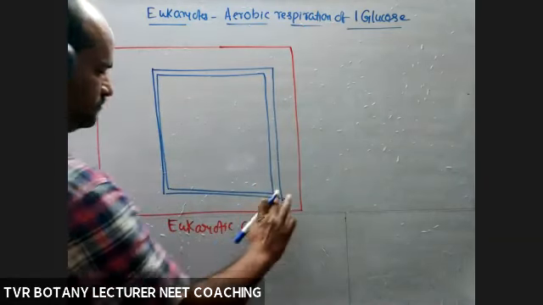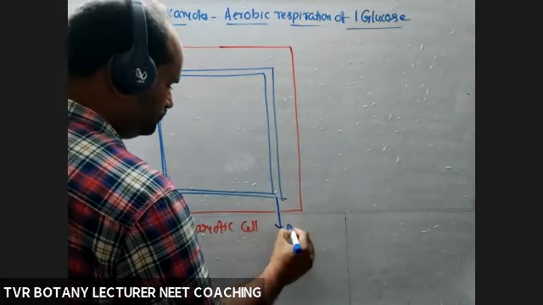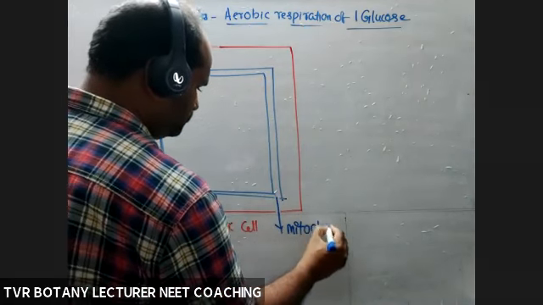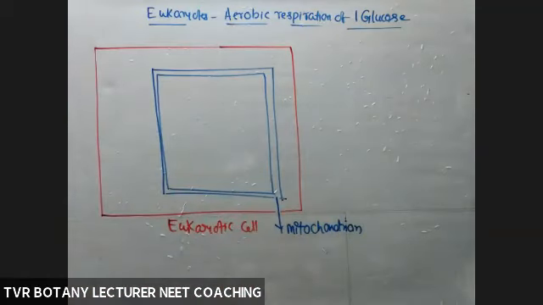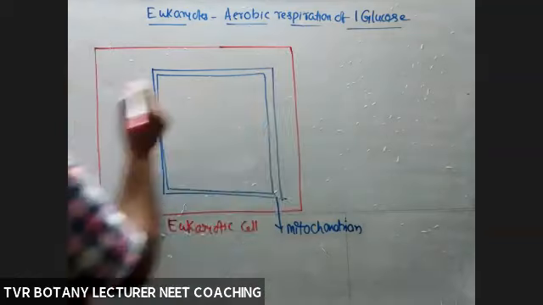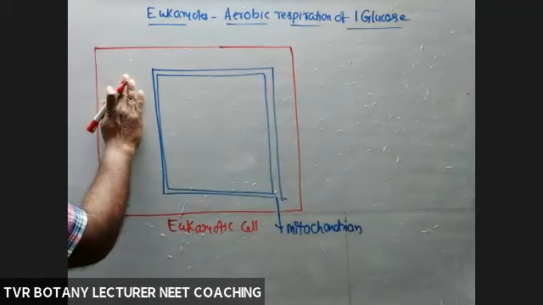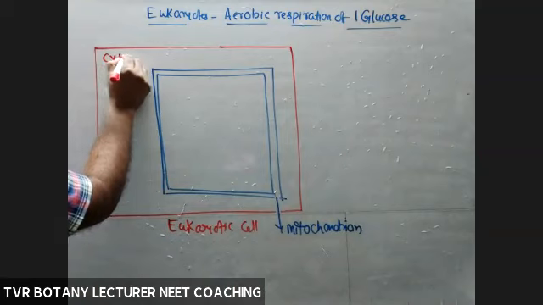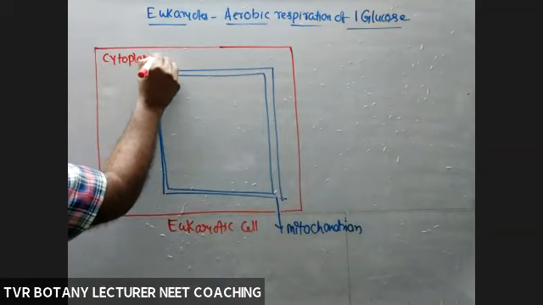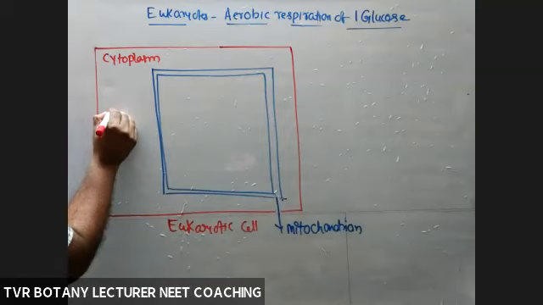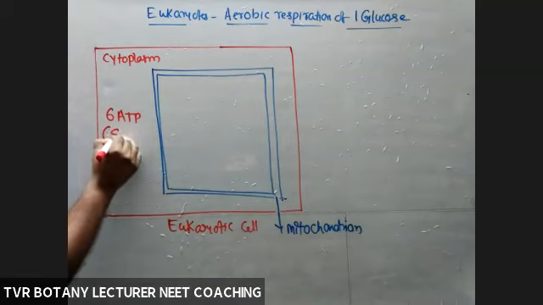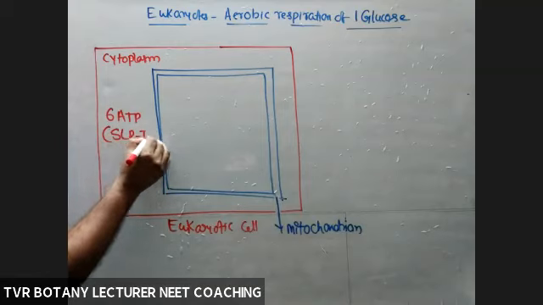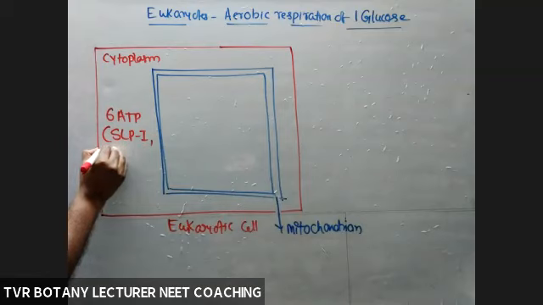Mitochondria, plural. So out of 40 ATP molecules, how many are produced within the cytoplasm? Within the cytoplasm, 6 molecules of ATP by SLP 1, and wait.